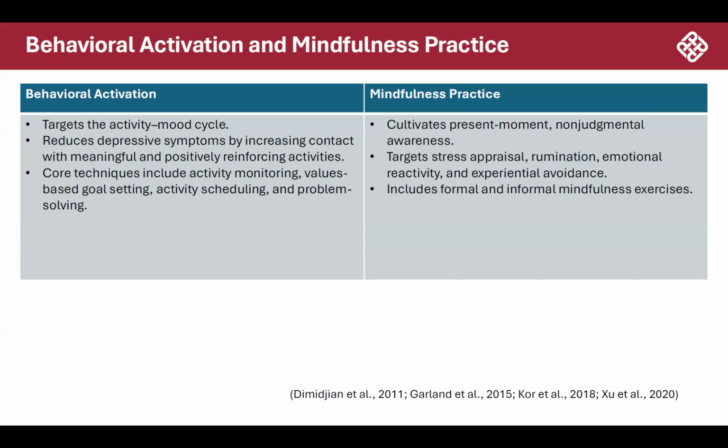But for mindfulness practice, the aim is to cultivate present-moment and non-judgmental awareness. It targets the stress reappraisal process and rumination in the family caregivers in order to reduce their depressive symptoms. So you can see these two interventions adopt different mechanisms and approaches to improve depressive symptoms in family caregivers, and many previous studies show their effect size on family caregivers is moderate.